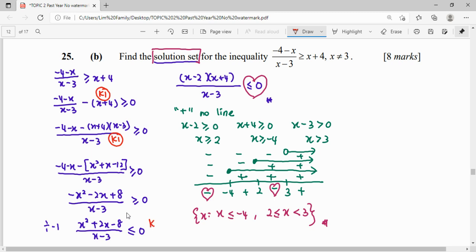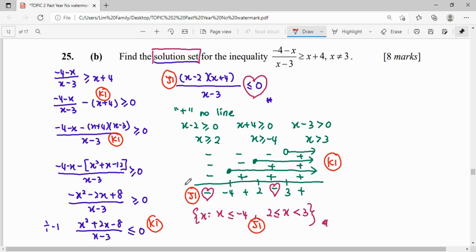We should get a quadratic first, and this is our simplified form. And then the method to solve our rational inequalities is using the positive number line. So this is a drawing of the positive number line and selecting the correct region, to bring us to the answer here.